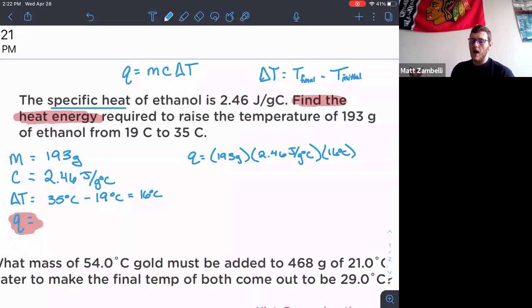So now to solve, all we're going to do is multiply 193 times 2.46 times 16, and we should get a Q value. What does Q equal?